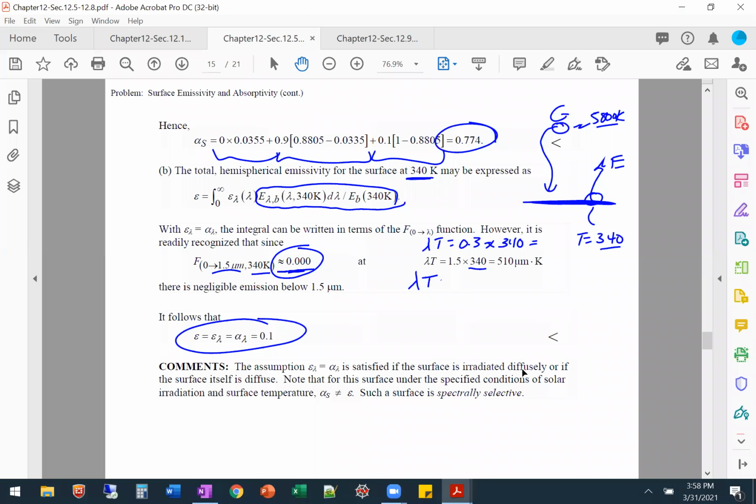It's 0.1 for emission on that surface because the surface is at 340, and the solar absorptivity is 0.774. They're very different because the source temperature of the radiation is very different. When you have solar, which is at a very different temperature than the surface, you have very different property values between absorptivity and emissivity.